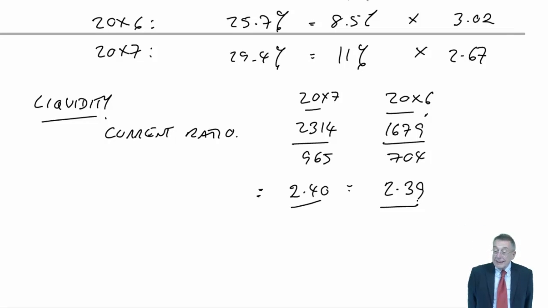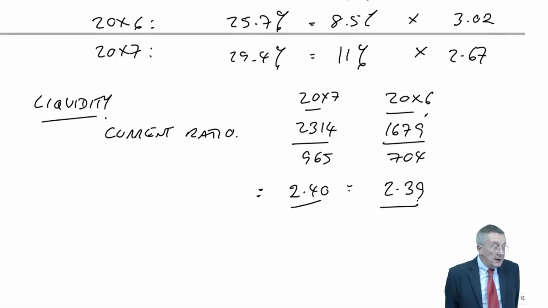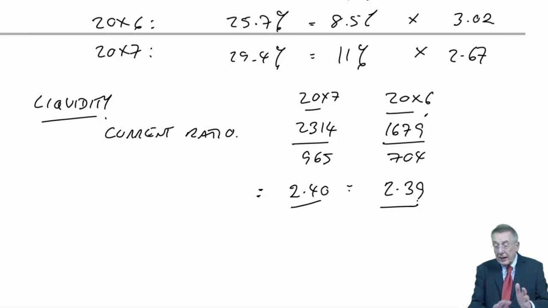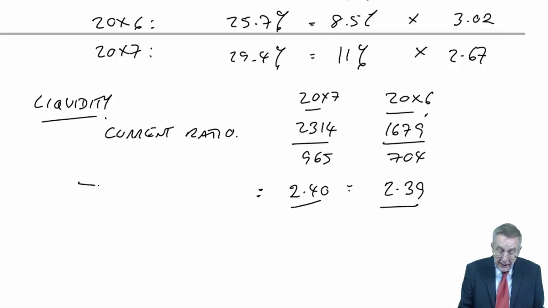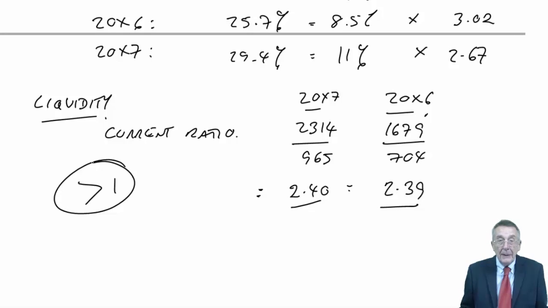The relevance of that, firstly, it's one of the few ratios that actually means anything on its own. You know, all the others so far, they've only meant anything by comparing. But surely, if a company is going to keep going in the short term, we do need the current assets to be more than the current liabilities. We do need it to be more than 1.